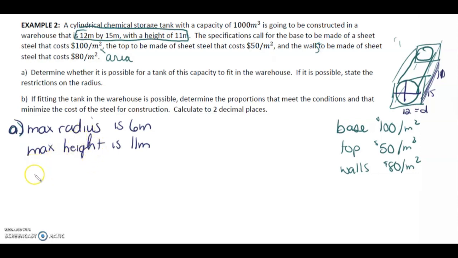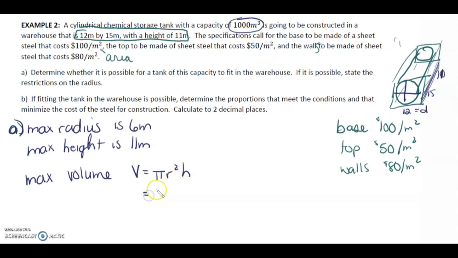When we think about the volume, because we're dealing with a capacity, and this is the restriction of 1,000 meters cubed, the max volume is V equals pi r squared h. This is the volume of a cylinder.